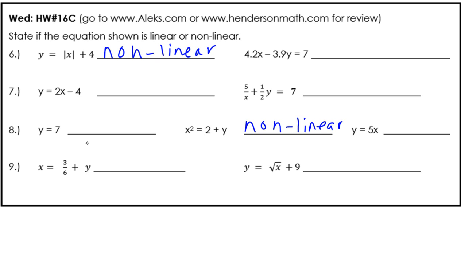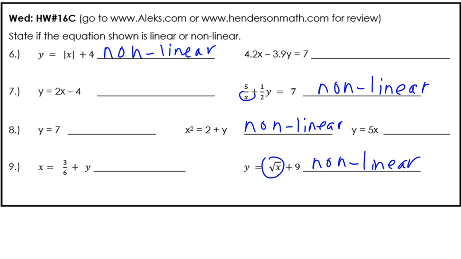What else? Let's see. Do these break any rules? Powers? Nope. Variables in the denominator? Nope. Products of variables? Nope. Oh, this has a variable in the denominator, so this is nonlinear. And this one has a square root sign, so this one is nonlinear.